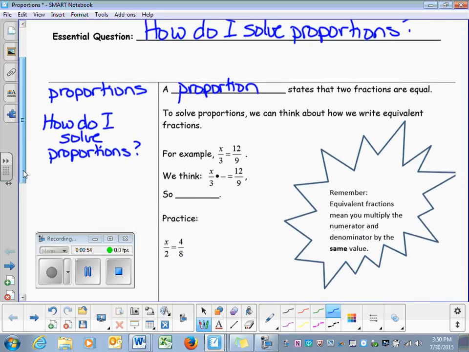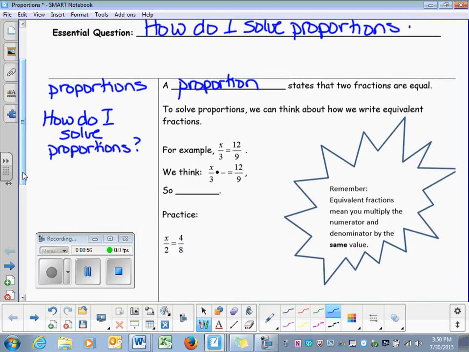So for example, we have x over 3 equals 12 over 9. So let's think back to equivalent fractions. 3 times what equals 9? Well, 3 times 3. And with equivalent fractions, you have to multiply your numerator and denominator by the same value. So x times 3 would have to equal 12.